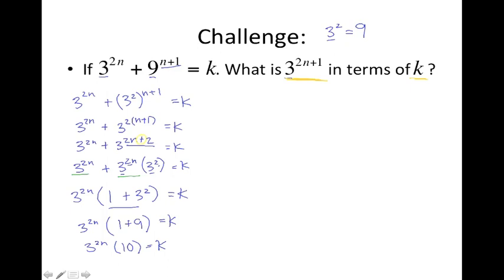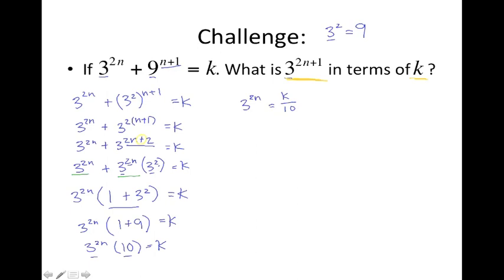So let's get rid of this 10 on the left-hand side because we just want something similar to 3 to the 2n on the left. So if we divide both sides by 10, we have 3 to the 2n is equal to k over 10.